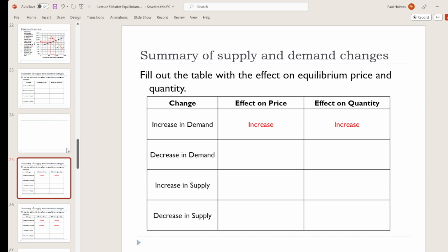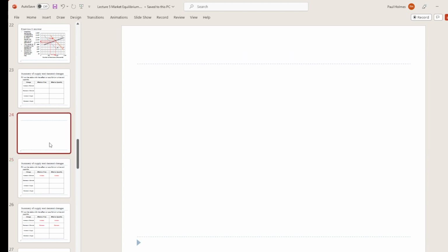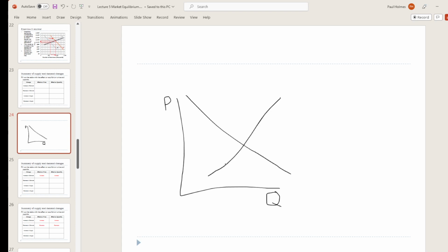When I was your age and I was starting to fill in these tables, starting to try to remember how to do these things, I would actually draw a little supply and demand curve every time. So I'd quickly go, there's my axes, price and quantity. It's slower for me doing it here, but when I do it with pencil and paper, I can whip this out in just about 3 or 4 seconds.